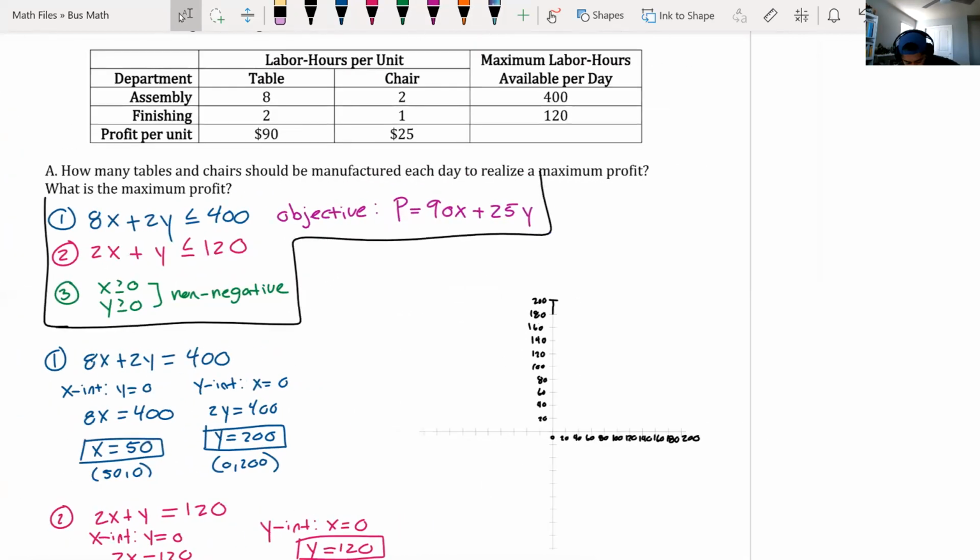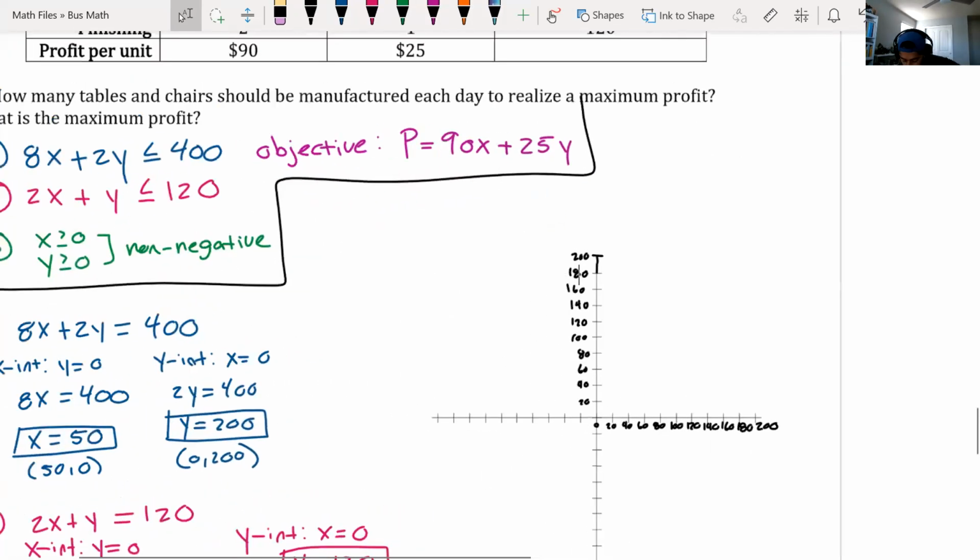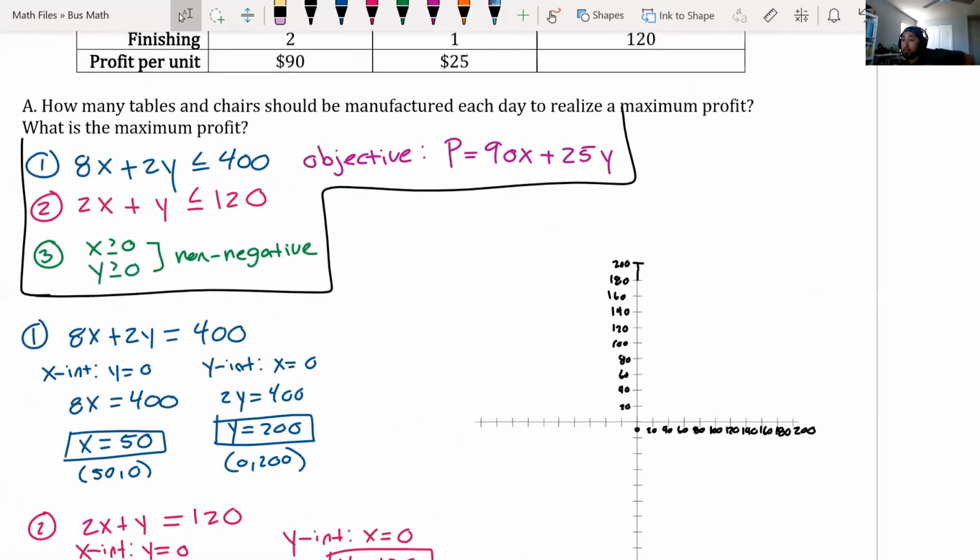Perfect. Now, let's go ahead and plot everything that we have. So 50 and 0, it's going to be right between 40 and 60. So right there. And 200, which is up there.